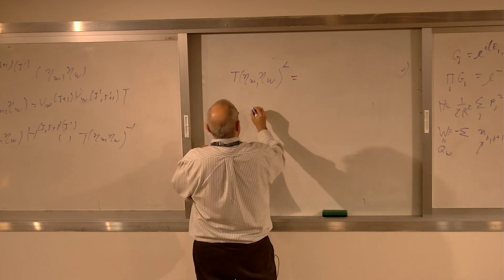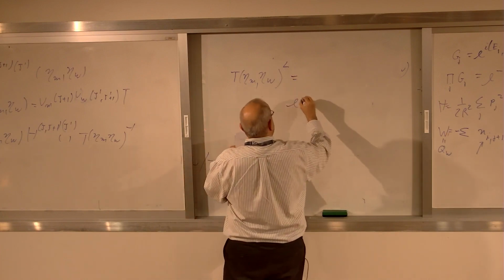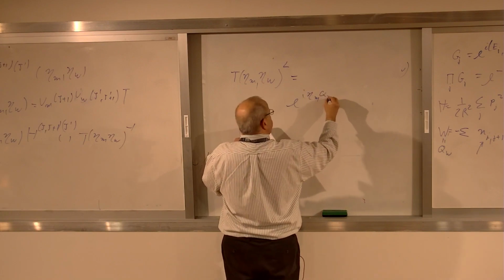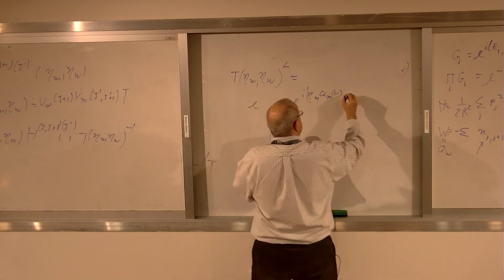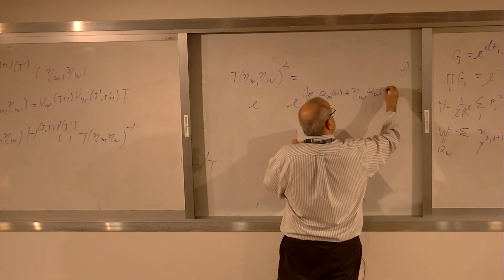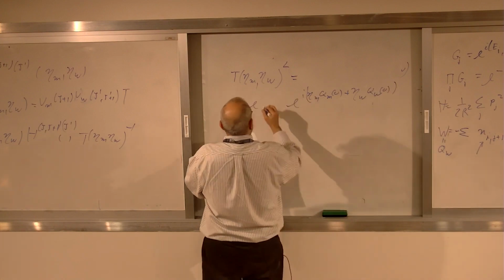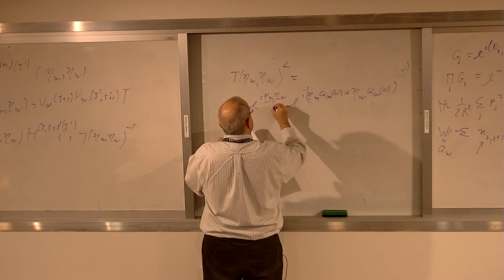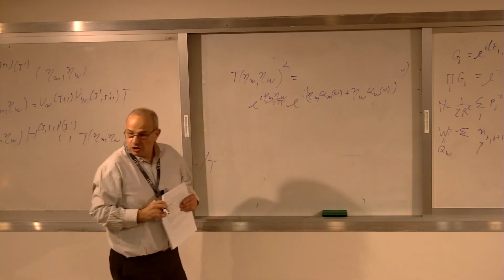I can write e to the i, q eta m, qm at 0. That's the untwisted. Plus eta w, qw at 0. And then there's an ugly phase, eta m, eta w over 2 pi. That's option one.